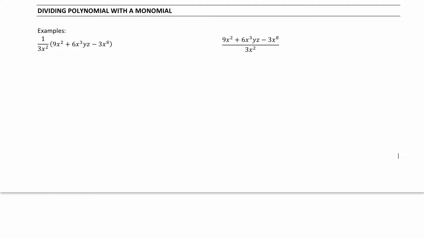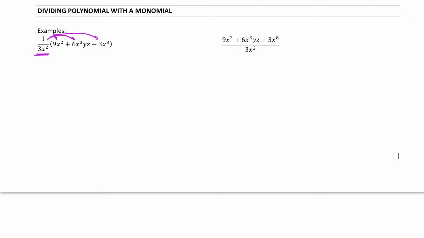So in this example, we will look at how we can divide polynomials. In the first example here, I have this term being multiplied by this whole trinomial because I have 1 term, 2 terms, 3 terms, which makes it a trinomial, and I am going to have to distribute the term outside of the brackets into the bracket.